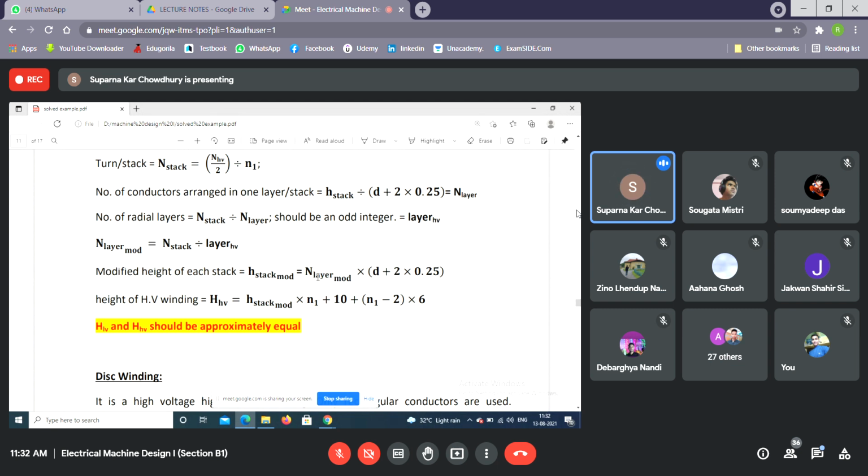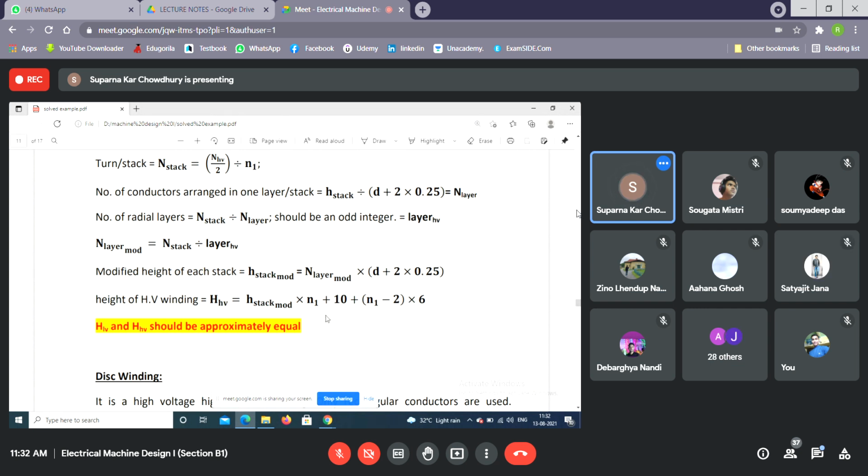So D is there. Multiplying this, we will get this N stack modified. If we modify this, then the height of the HV will be this N stack into N1 plus 10 plus N1 minus 2 into 6.